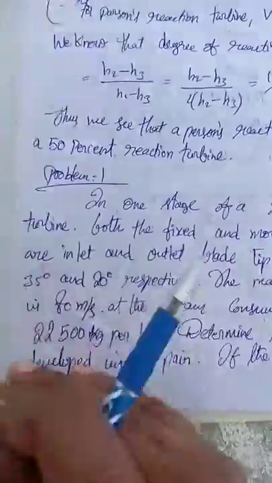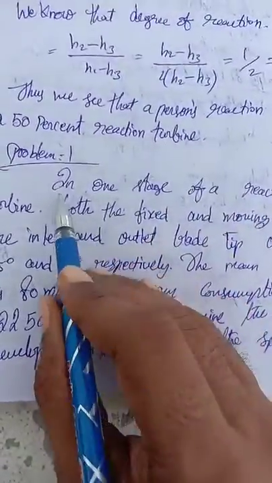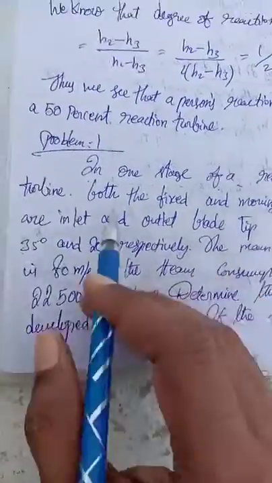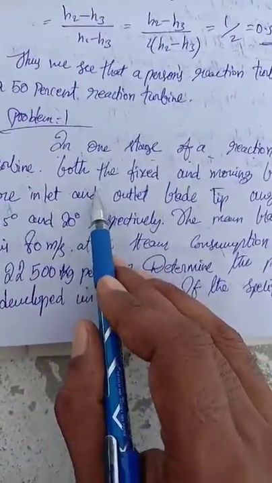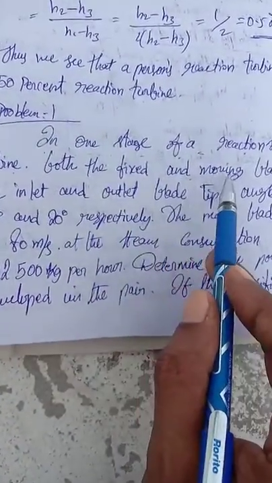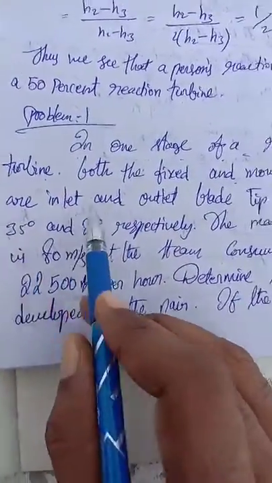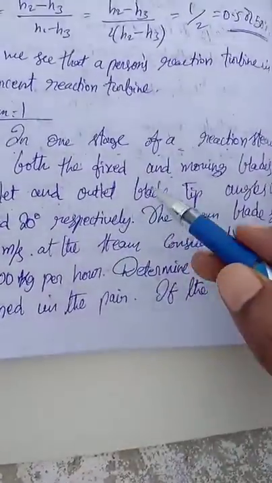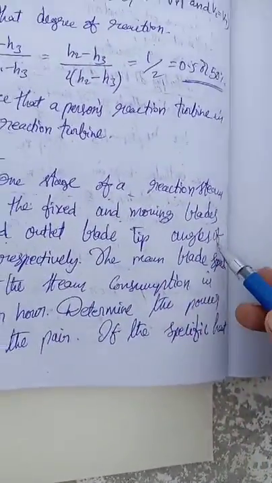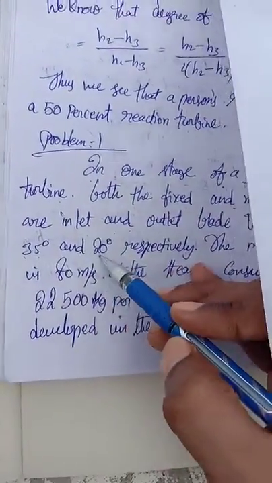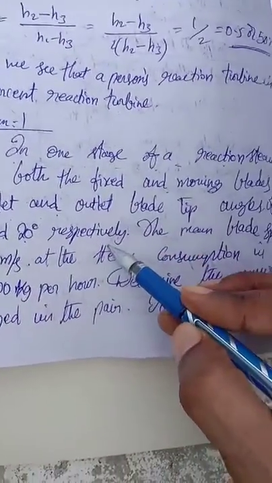Now we will see one problem. In one stage of a reaction steam turbine, both the fixed and moving blades have inlet and outlet blade tip angles of 35 degrees and 20 degrees respectively.